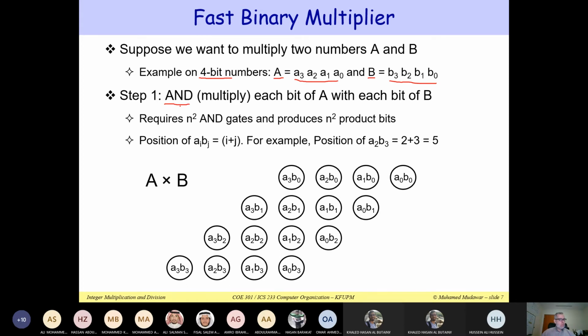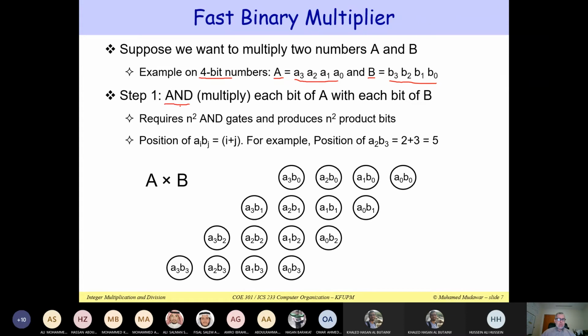And 1 multiplied by 1 is equal to 1. So only when both bits are 1 and 1, the product will be 1. So basically, to multiply 2 bits, you AND them. It is just an AND operation, logically. It's very simple. All we have to do is AND.